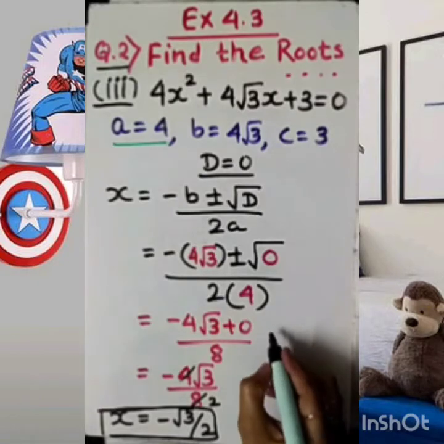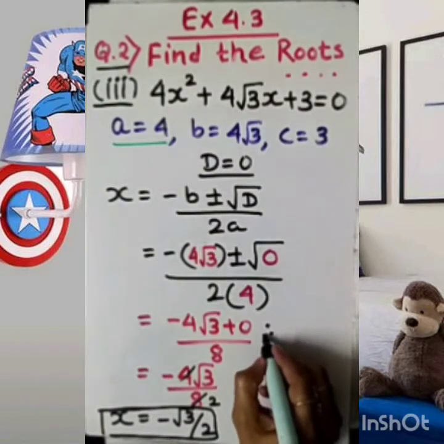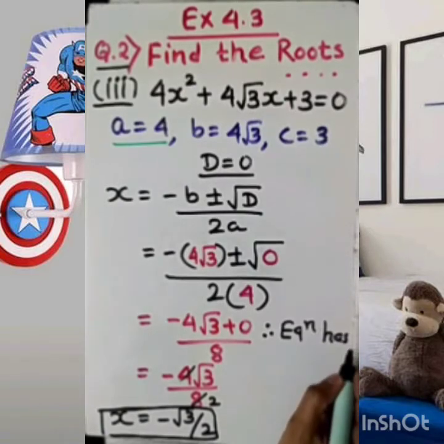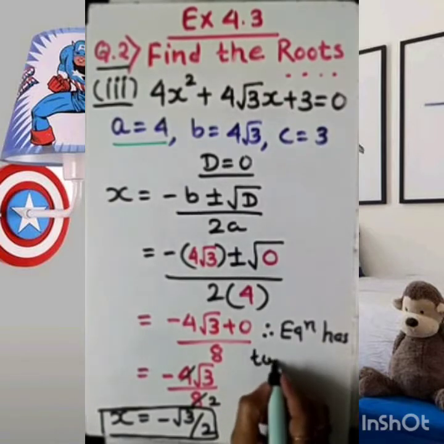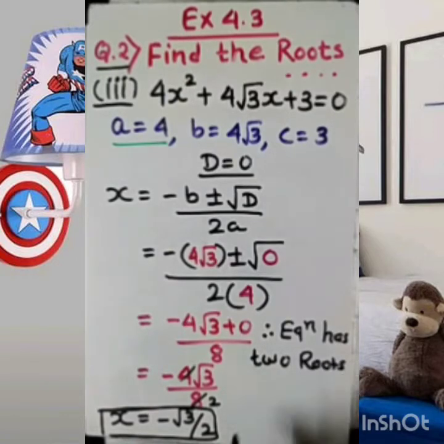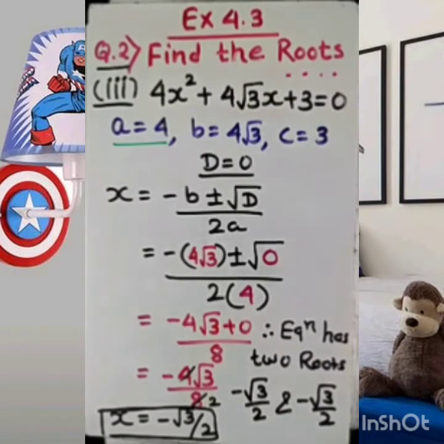Therefore, the equation has two roots. Which are they? The equation has two roots, minus root 3 by 2 and minus root 3 by 2, because equal roots indicate that both are the same: minus root 3 by 2 and minus root 3 by 2.